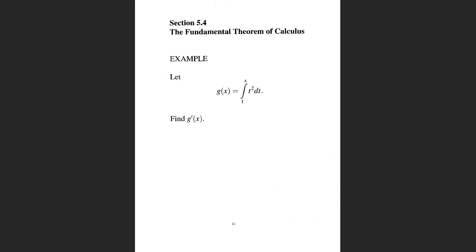Okay, so here they've defined the g of x function as the definite integral from 1 to x of t squared dt. Now I'll make a comment here while I'm at it. When you have a variable as one of your limits, or even in both limits, then the integrand function can't be in terms of x.